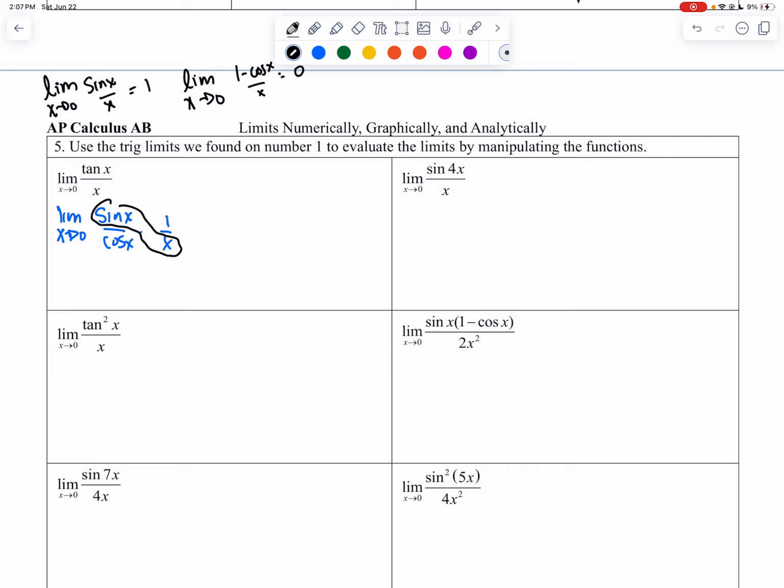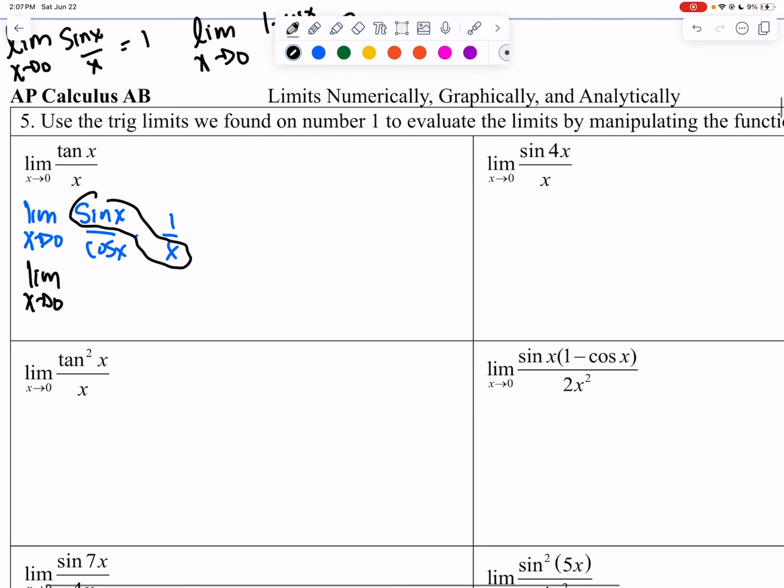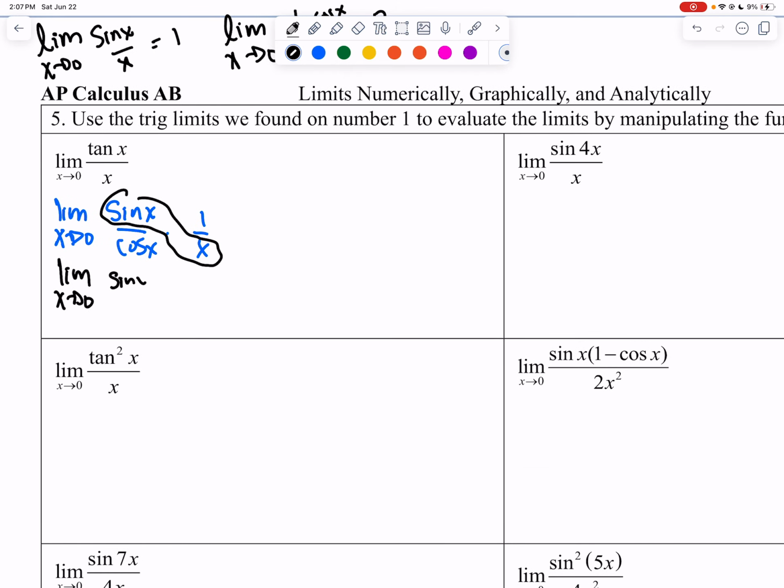So now I have the limit as x approaches 0 of sine x over x times the limit as x approaches 0 of 1 over cosine of x. So I'll just split this up right here. I know that sine x over x is going to approach 1, and then if I were to plug in 0 for cosine here, that's going to give me 1. So 1 times 1, which is giving me a limit of 1.